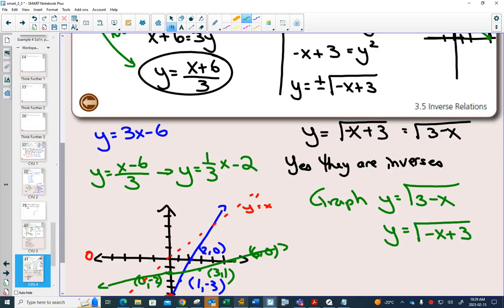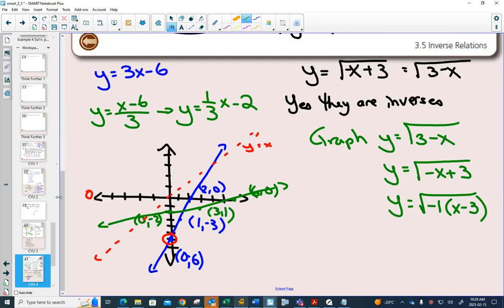I see a horizontal reflection, but this is not in factored form. I have negative 1, x minus 3. This is a square root with a horizontal reflection and moving 3 to the right.